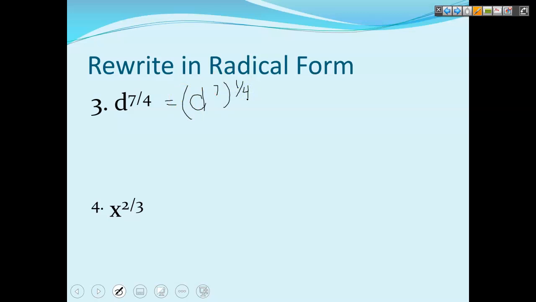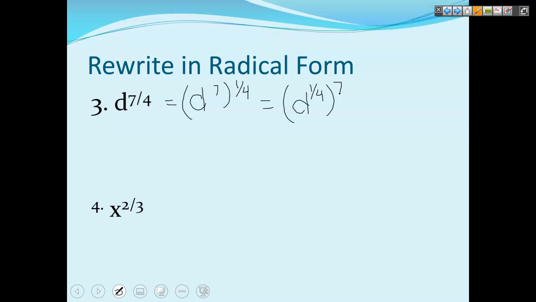So you could have the power of 7 inside, 1/4 outside. That's also the same as saying d to the 1/4 inside raised to the 7th outside. Powers to powers are multiplied.